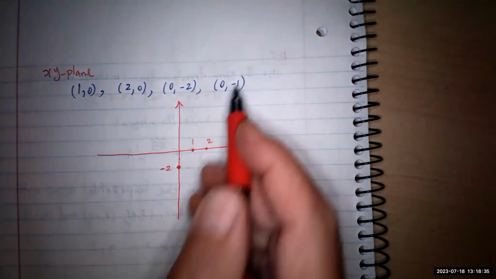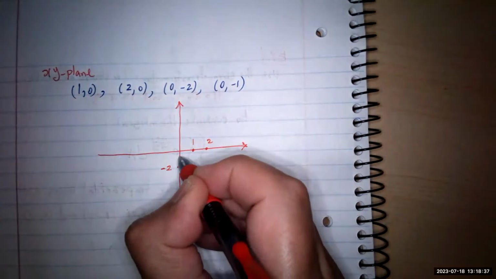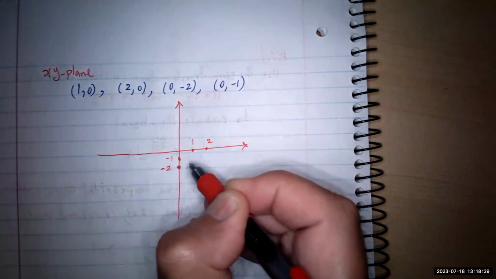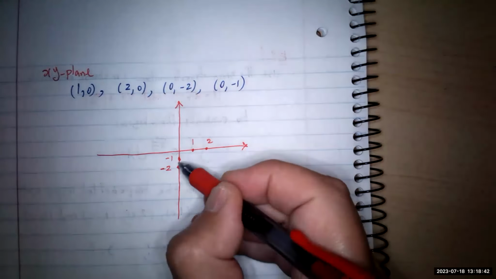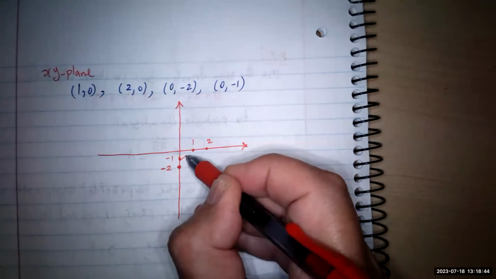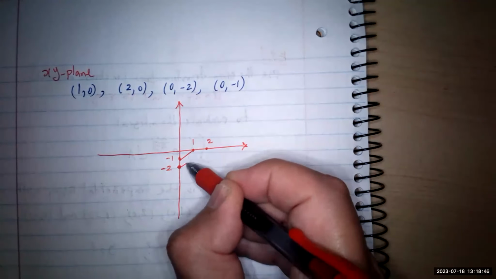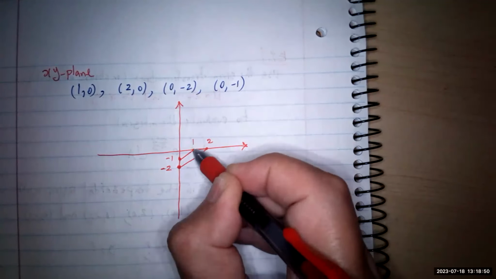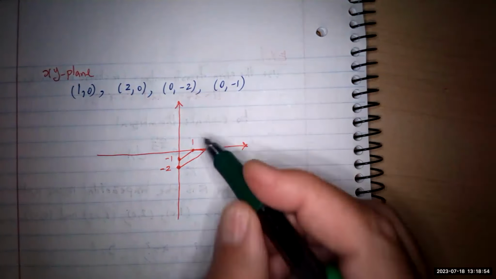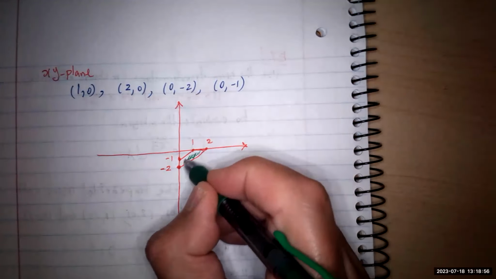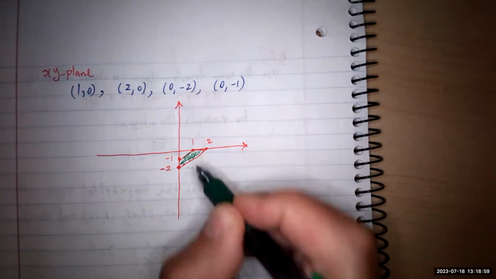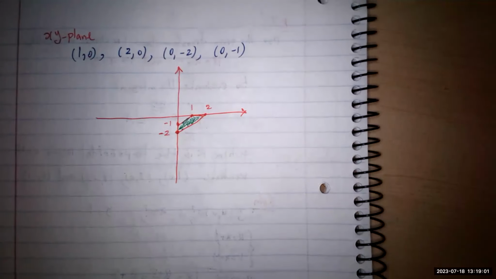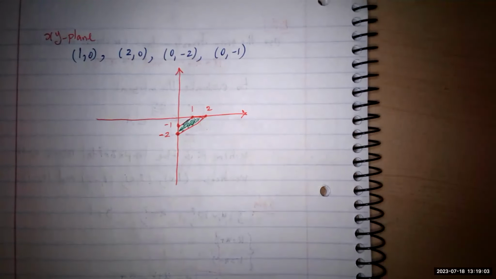Then 0, negative 1. So I'm going to make a trapezoid out of this. See? So this is going to be the region. This is the region in XY coordinates. Any question?